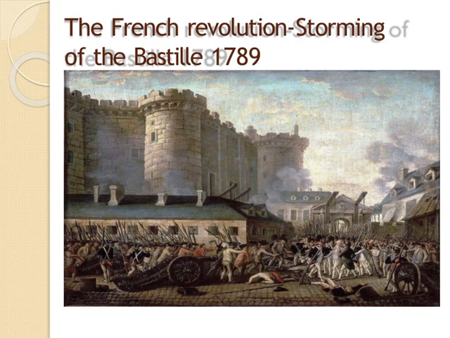Let's take a closer look at a pivotal moment in the French Revolution, the storming of the Bastille in 1789. This event is often seen as the symbolic start of the revolution. The Bastille was a fortress and prison in Paris, and it represented the tyranny of the king's rule. When the common people stormed it, they were not just attacking a prison, they were striking a blow against oppression and demanding change.